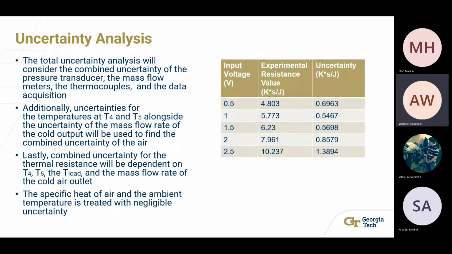This combined uncertainty was then added to the table of values, giving us uncertainty ranging from about 0.55 to 1.39, and somewhat increasing as our experimental resistance value increases, which was to be expected as the mass flow rate also increased.